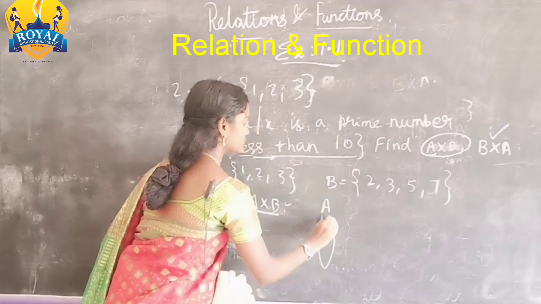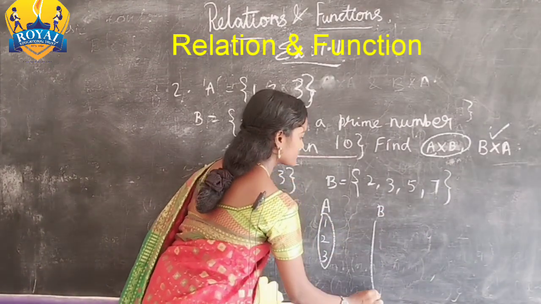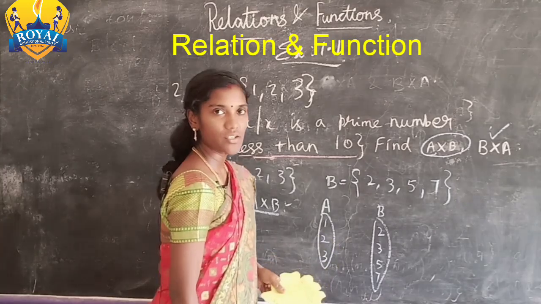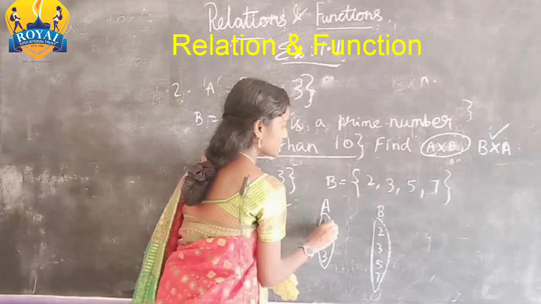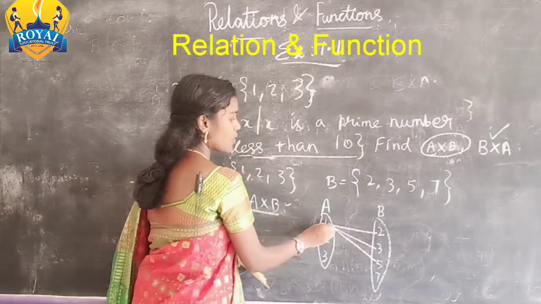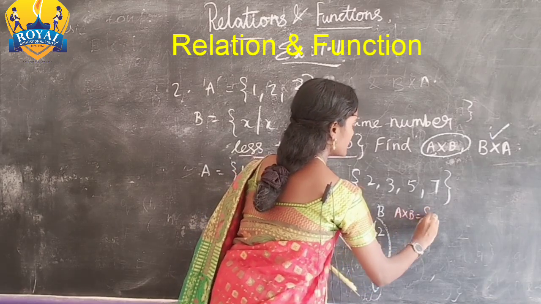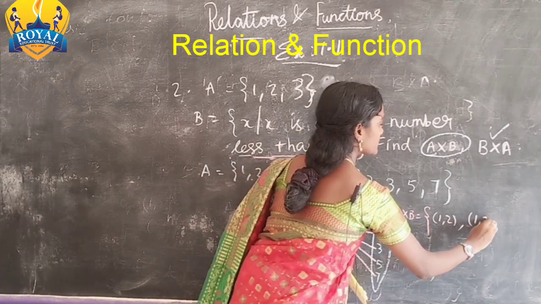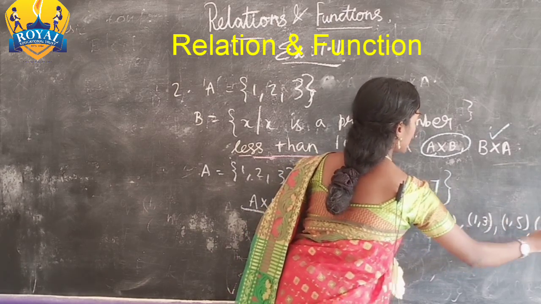Here A cross B. Set A is {1, 2, 3}, set B is {2, 3, 5, 7}. I am going to make pairs: (1, 2), (1, 3), (1, 5), (1, 7). So A cross B is equal to (1, 2), (1, 3), (1, 5), (1, 7).